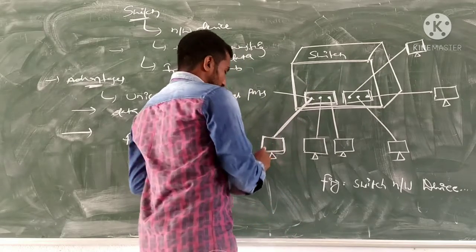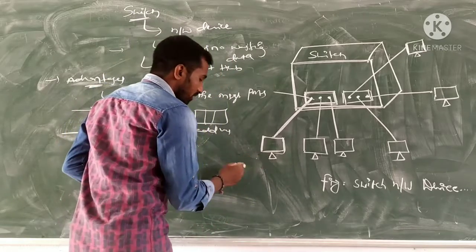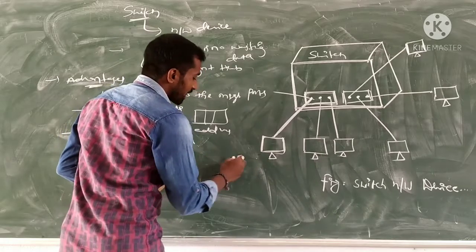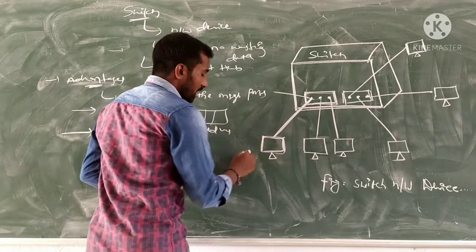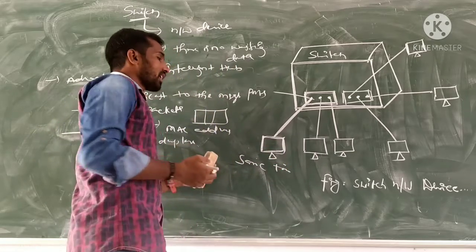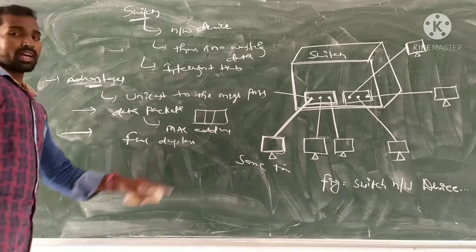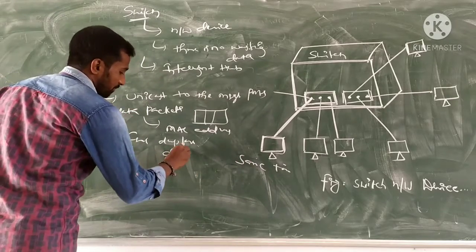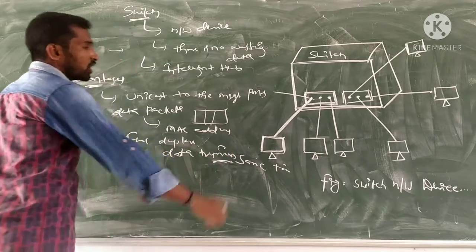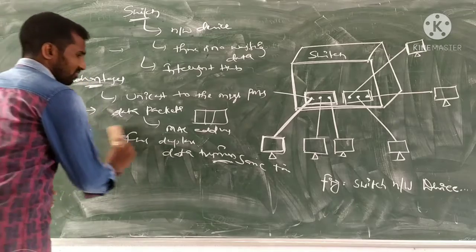This is full duplex. At the same time the device is receiving data packets and also sending data packets. It can receive data packets and send data packets to the receiver. That is called full duplex data transmission, through the switch or MAC address.